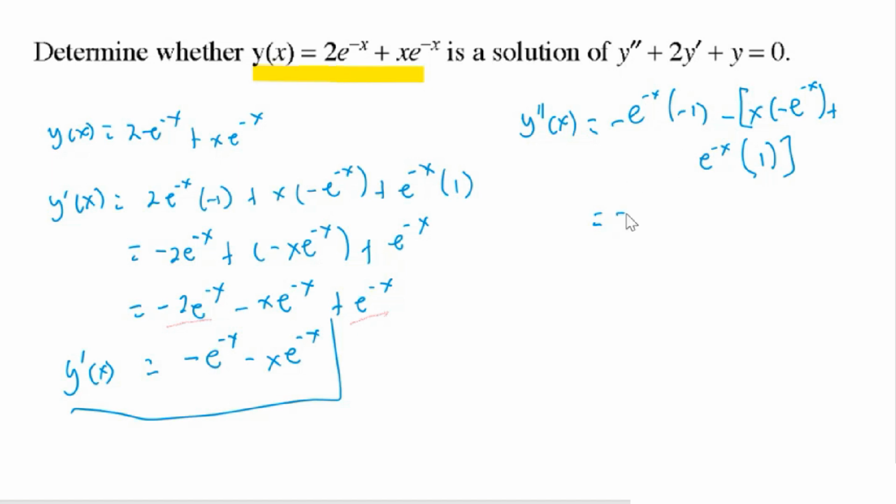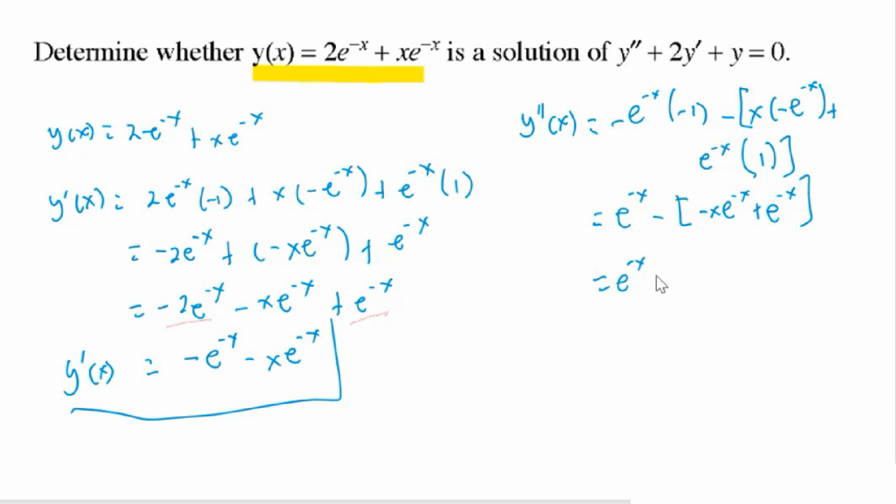So let us simplify. We have negative e raised to negative x times negative 1, which is positive. So therefore we have now e raised to negative x minus, combine this first, negative x e raised to negative x plus e raised to the power of negative x times 1 is e raised to negative x. Now, using the distributive property on the second term to remove the symbol of grouping, we can write e raised to negative x.